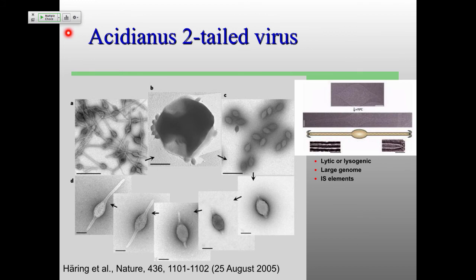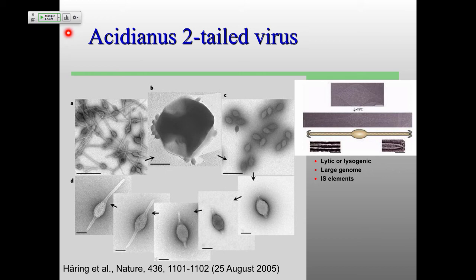Again, sorry about this 50,000-foot overview here. One of my other favorites of these, so I've got SSVs, these are the ones closest to my heart, but there is the Acidianus bottle-shaped virus, which has this really fascinating overall structure. But then this Acidianus two-tailed virus, again Acidianus infecting very similar kinds of microbes as Sulfolobus, high temperature, low pH environments.